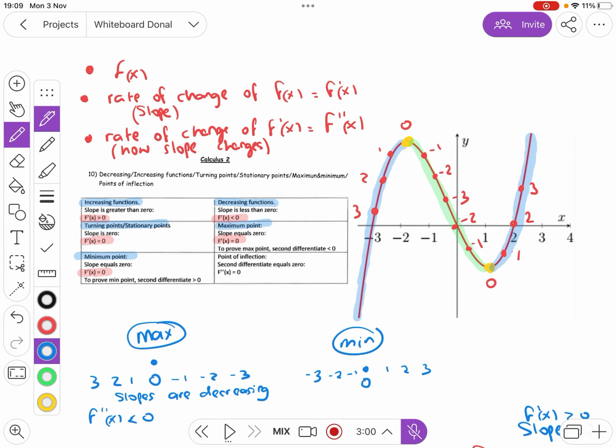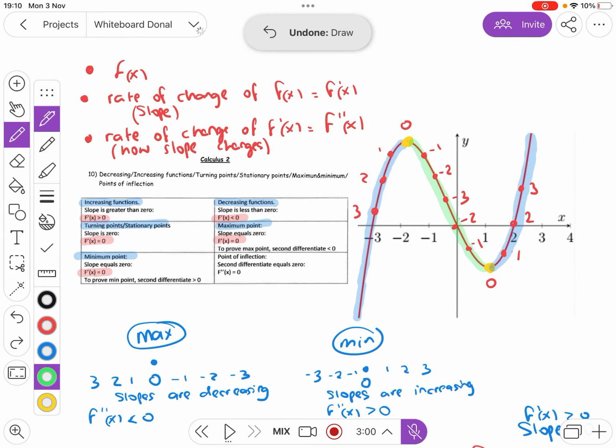So if I look again at just the numbers in those slopes, not at the fact that that graph is going in a U shape, looking at how the slopes are changing, I can see those slopes are increasing because they're going from negative numbers to positive numbers. And the rate of change of the slopes is the second differentiate. The second differentiate is greater than 0. So that's where we're getting this information underneath here.